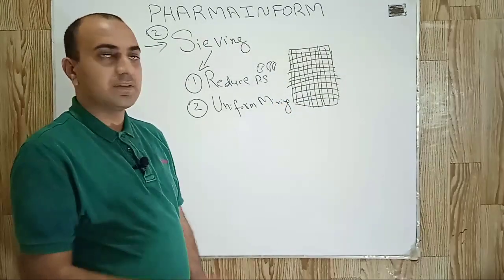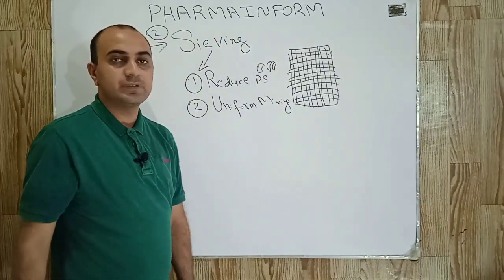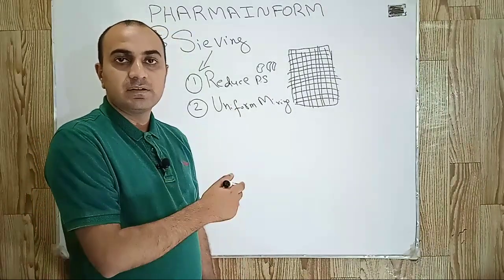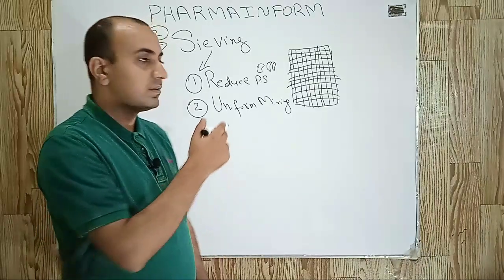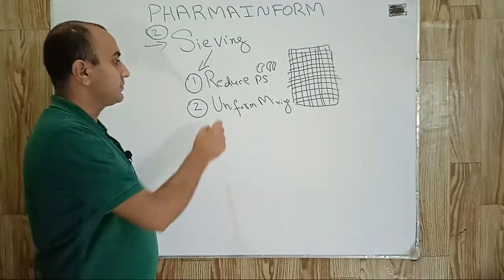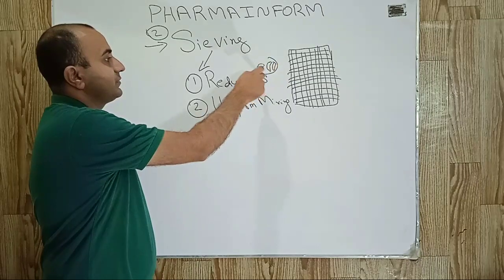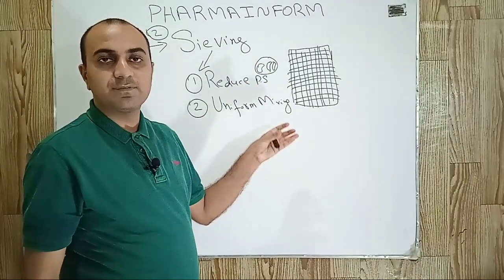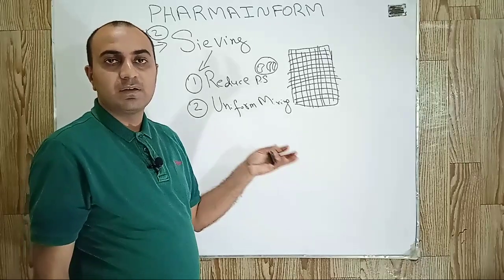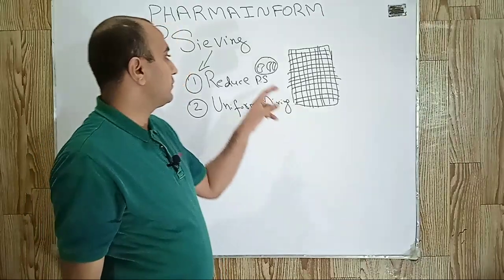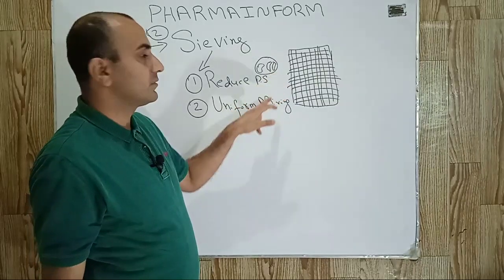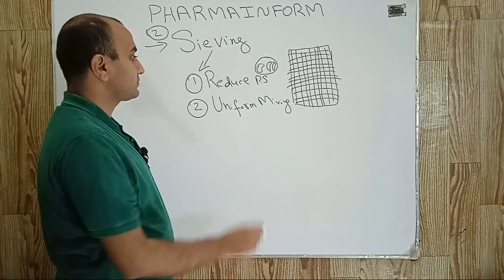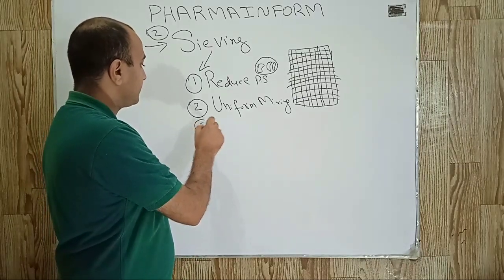Uniform mixing is in the sense that when we reduce the particle size of our material, then mixing of uniform sized granules is easy. If we mix powders with large lumps, mixing will not be uniform. When we break large lumps through the sieves, then mixing will be uniform.